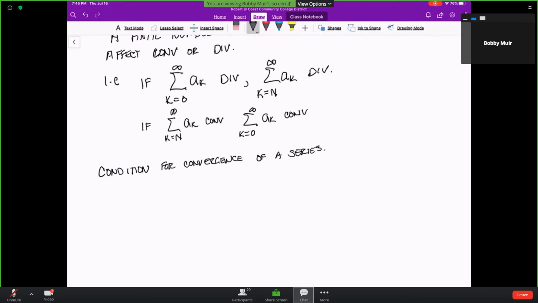Okay, so let's suppose that I've got some infinite series of a_n and it's adding up to some L. So what must be true about the a_n's if this is going to work?